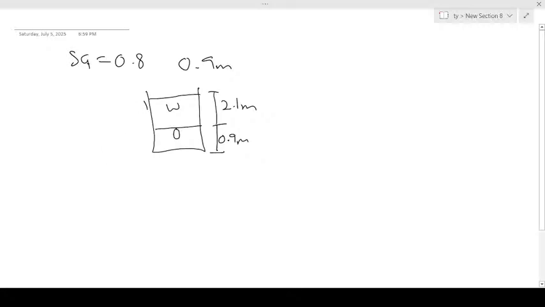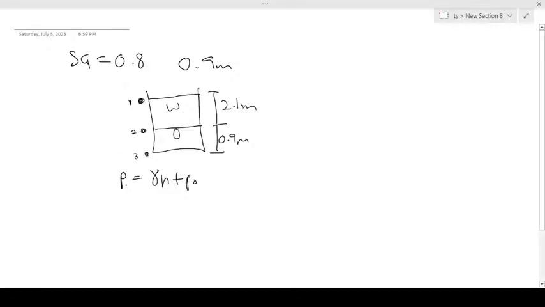So we realize that there are 3 points where we can find pressure. We can find pressure here, here, and here. Pressure at this point is obviously 0. Why? If we take the formula, P is equal to gamma h plus P naught.